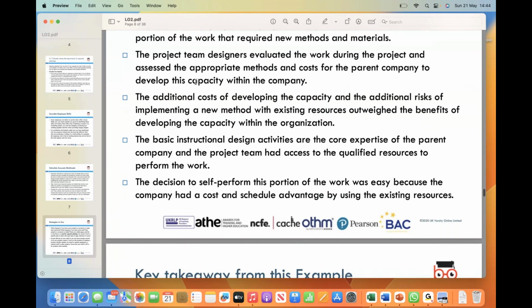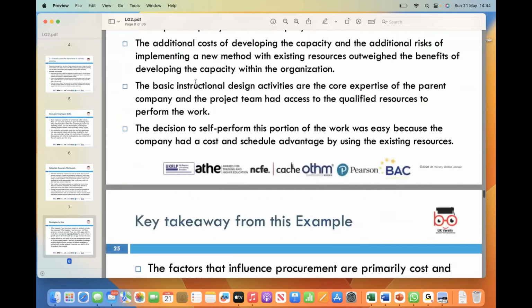On further analysis, it became evident that developing the capacity internally would incur additional costs and risks. The expenses associated with developing the necessary skills and resources, along with the risk of implementing a new method using existing resources, outweighed the potential benefit for the organization.